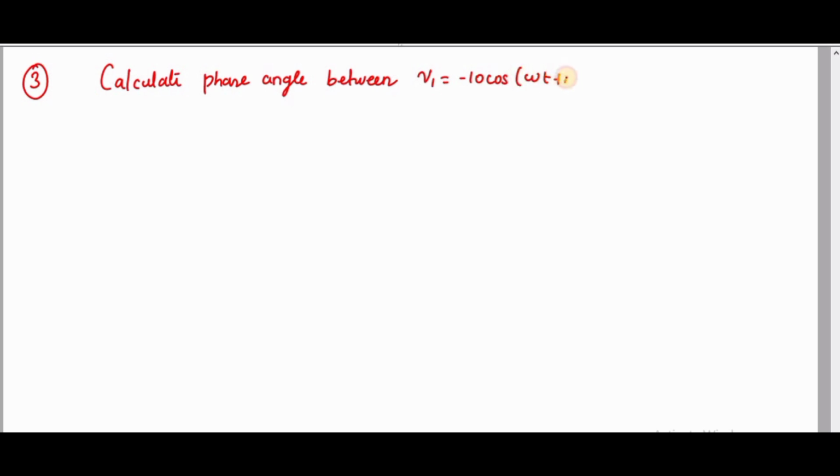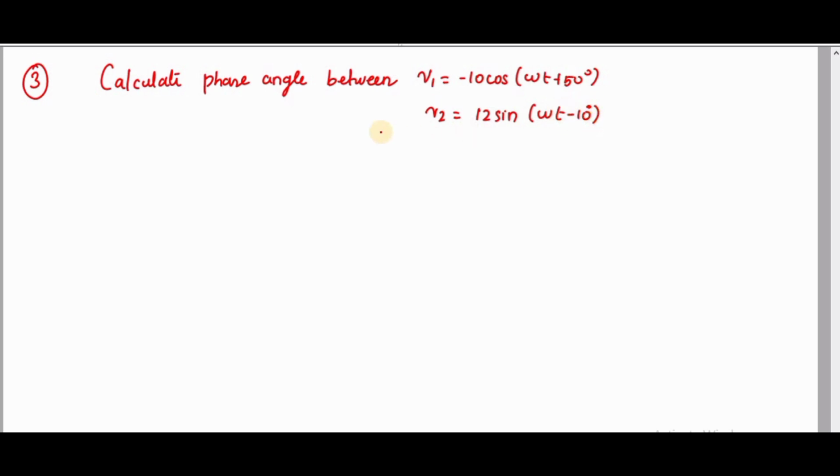Next, let's go for another problem. Calculate the phase angle between V1, which is equal to minus 10 cos(omega t plus 50 degrees), and V2, which is equal to 12 sin(omega t minus 10).